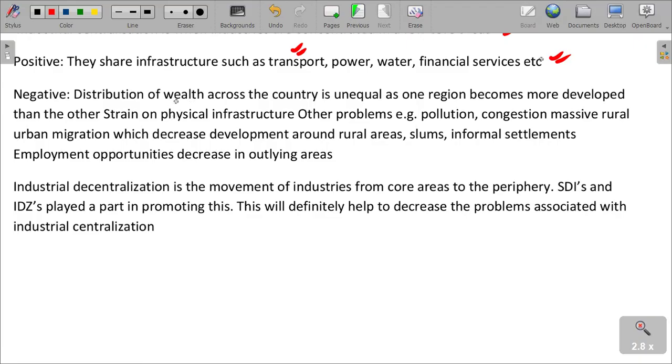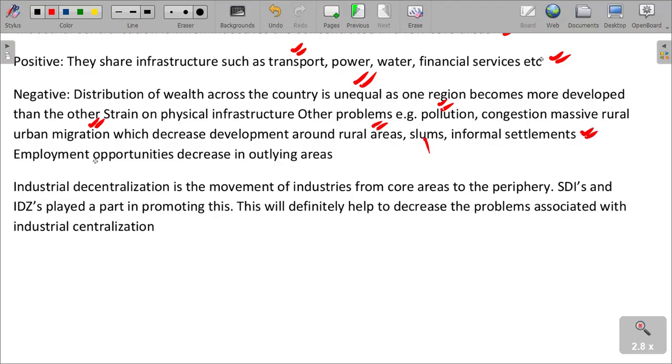And then the negative challenge is that distribution of wealth across the country is unequal, which results in unequal regional development. One region becomes more developed than the other, with strain on physical infrastructure. Another problem, e.g. pollution, congestion, massive rural-urban migration, which decreases development around the rural areas. We talk about the development of slum settlements, informal settlements.